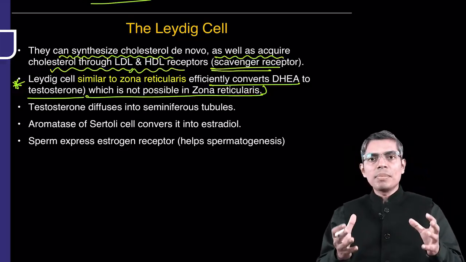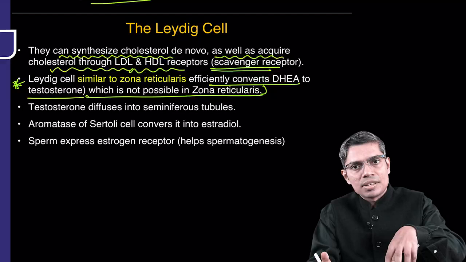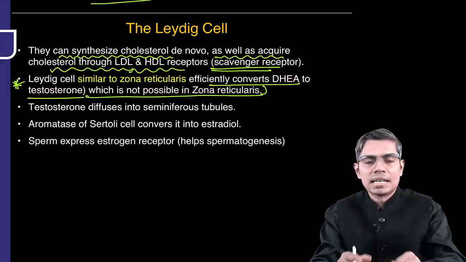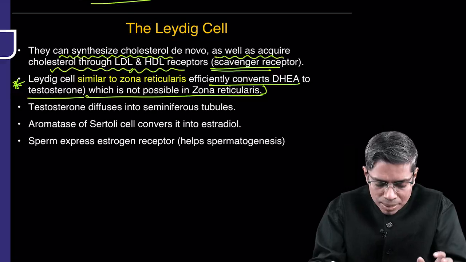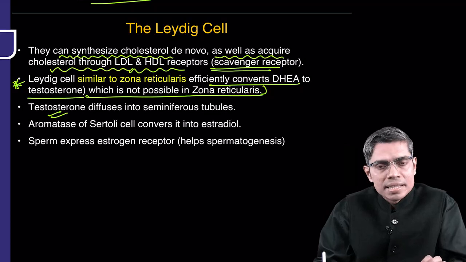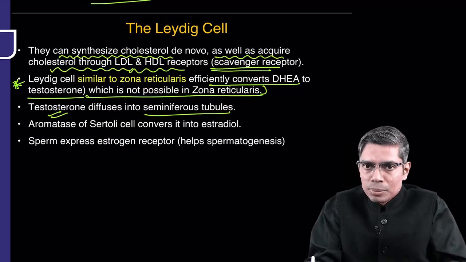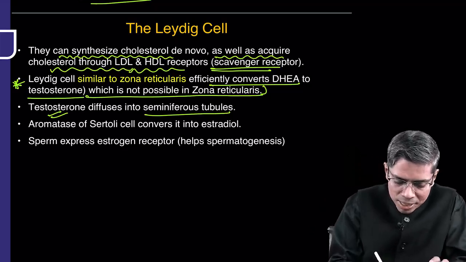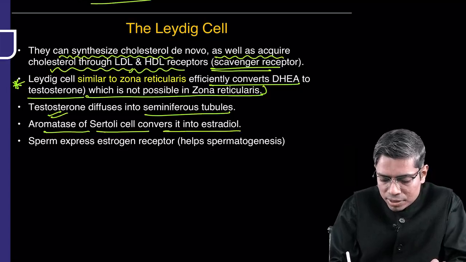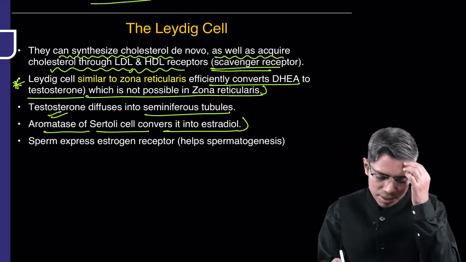So the raw material for generation of this testosterone can either be synthesized within the Leydig cell itself, or it can take the cholesterol from the blood. And by taking all these components, the testosterone will be produced by Leydig cell, and that will diffuse inside the seminiferous tubule into the adluminal compartment, and the aromatase enzyme of Sertoli cell will convert this testosterone into estradiol, a small amount of estradiol, right?